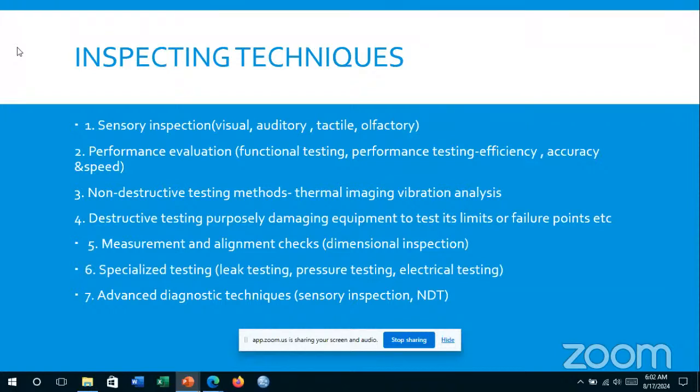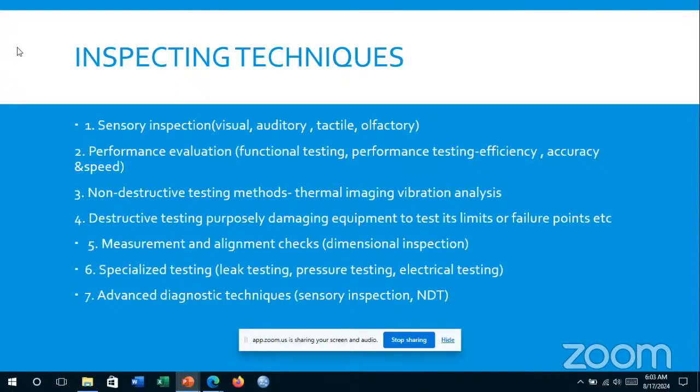Also, a technique of inspecting is the non-destructive testing method, when you use thermal imaging and vibration analysis, then destructive testing, purposely damaging equipment to test its limits or failure points. Measurement and alignment checks as well can be done. Specialized testing also is part of the techniques of inspecting, and advanced diagnostic techniques.